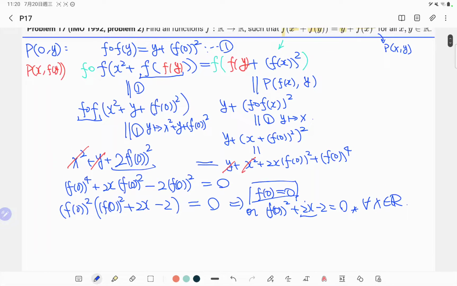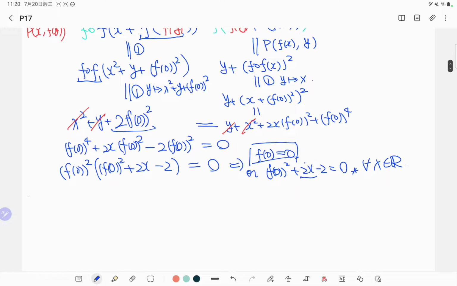We can plug this into equation 1 and get some simplification. For equation 1 with f(0) = 0, we have f(f(y)) = y for all y real numbers. Let's call it equation 1 prime.